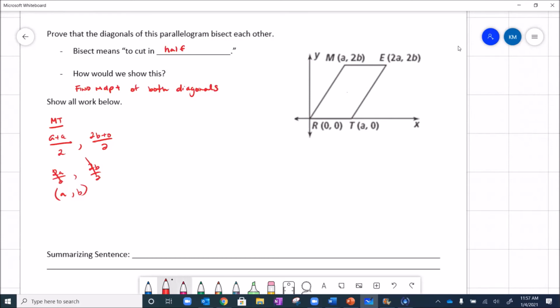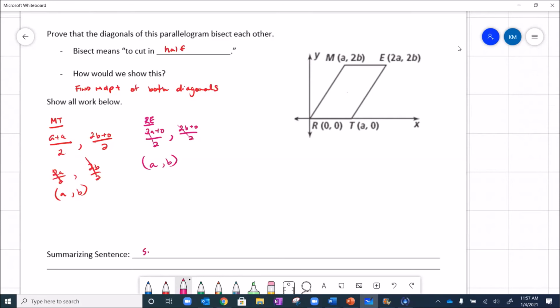I'll do the same thing with RE. Okay, so my X values for RE, so 2A plus 0 over 2. My Y value is 2B plus 0 over 2. So that simplifies to give me just A, simplifies to give me just B, and we see that our midpoints for both of these are the same.